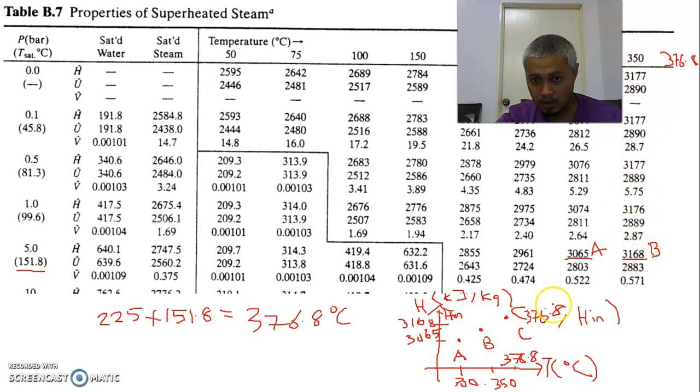This is the axis for enthalpy, this is the axis for temperature. Then we need to do extrapolation because the value is more than 350. So we have the temperature which is 376.8, and then we need to find H in.